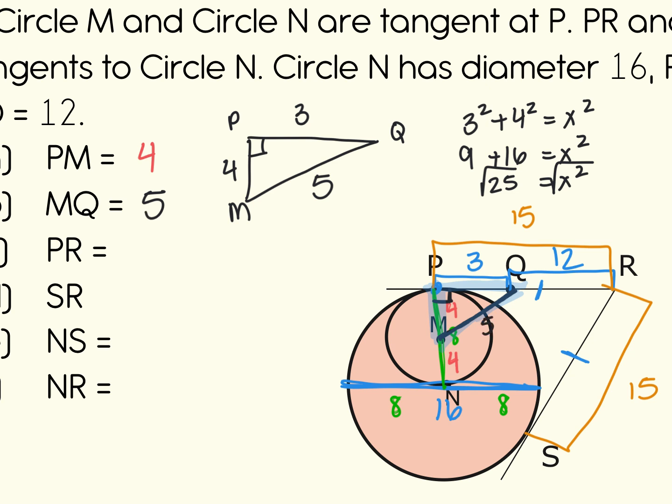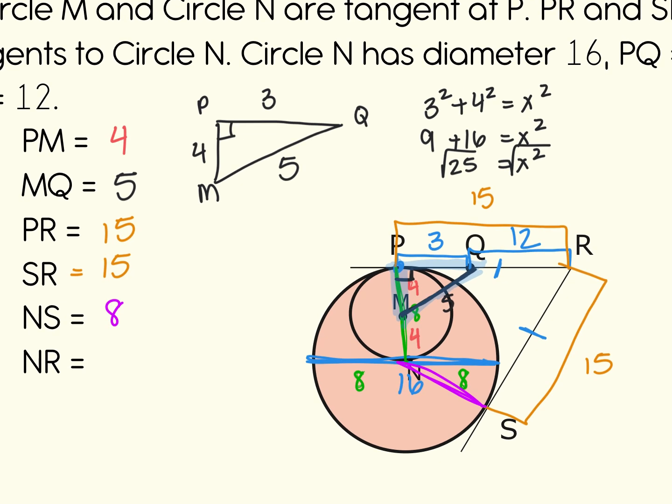All right, let's go ahead and figure out the rest. PR, what does PR equal? Good, 15. What about SR? 15 as well. What about NS? Good, it is 8 because this is my radius. And then NR.